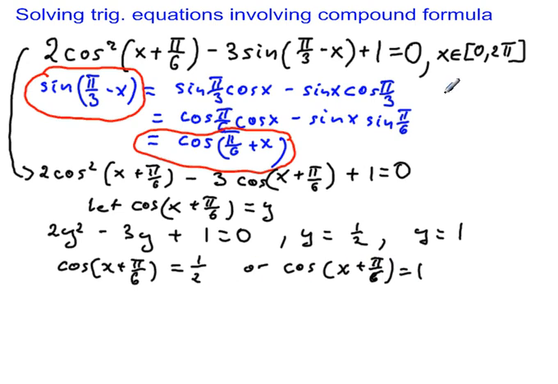So remember, the domain is 0 to 2 pi. Cosine ratio is equal to 1 over 2.